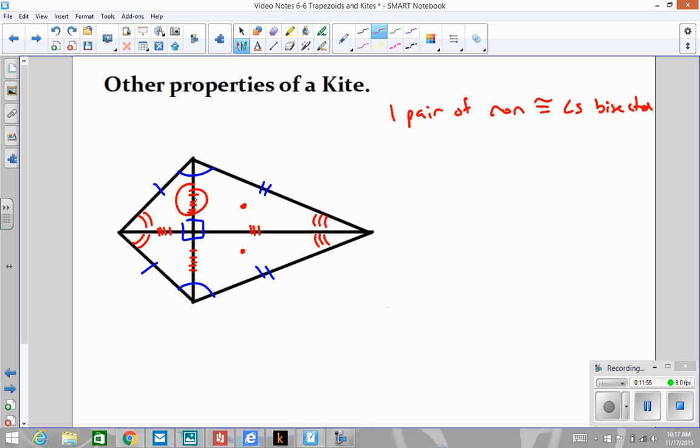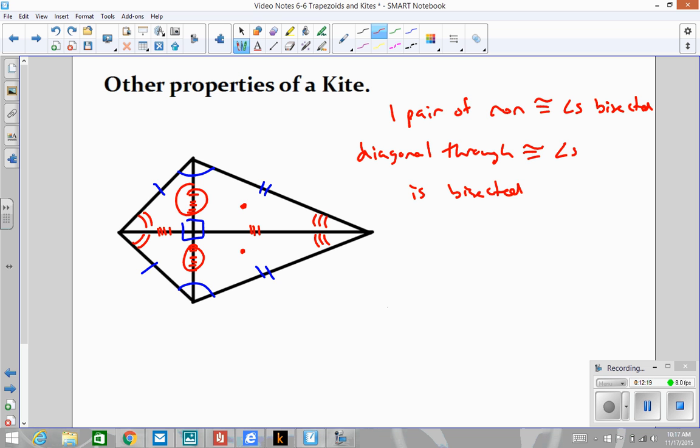So that means this diagonal and this diagonal are bisected. So the diagonal through the congruent angles is bisected. And that is all the properties you have of a kite.